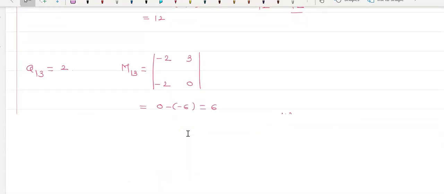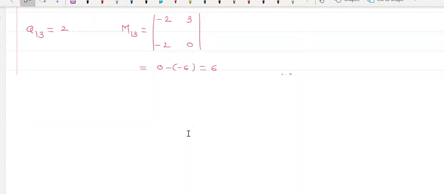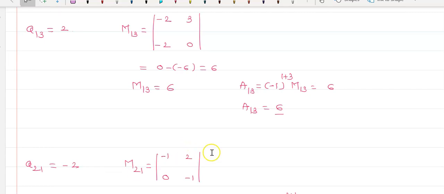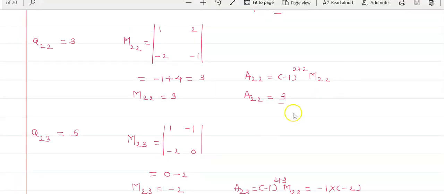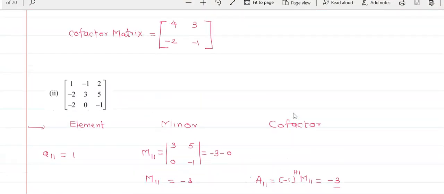This is A22. That's what I want to show you. Now next is A23. Delete upward and downward direction and the horizontal direction.